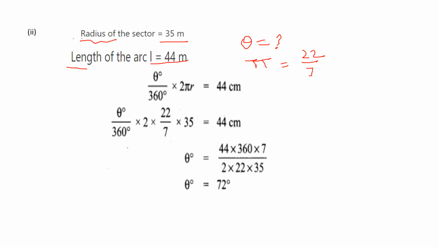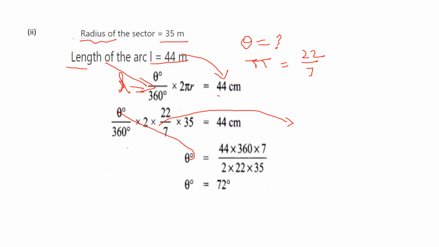So length of the arc formula, that is L equal to theta by 360 into 2 pi r equal to 44 centimeter length value. So theta by 360 into 2 into 22 by 7 into 35 equal to 44 centimeter. Theta you keep in the left hand side, and all other terms will go to the right hand side.